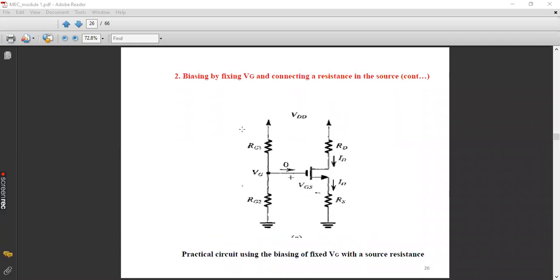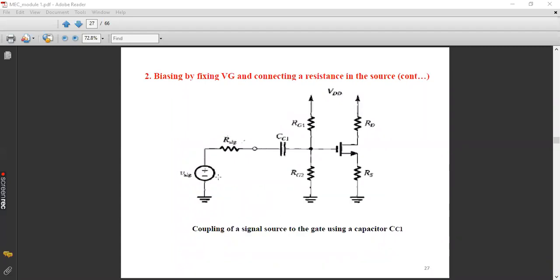If you are using it as an amplifier, you have to give a signal source, which will be very weak, and that has to be amplified, correct? So apart from this DC biasing circuit, you will provide a signal source, which is to be amplified. To control that current flow, we have a signal resistance RSIC along with the coupling capacitor CC1.